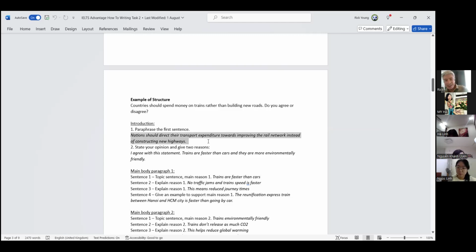I have used very formal words in here. What word have I used instead of countries? Nations. Good. I've just chosen another word. Instead of saying spend money, how have I paraphrased that?